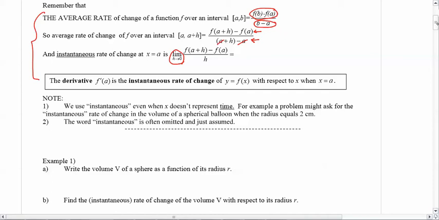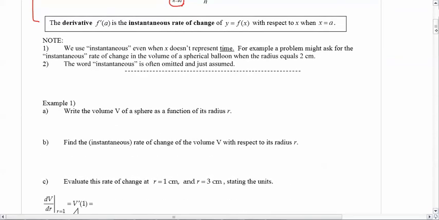For example, a problem might ask for the instantaneous rate of change in the volume of a spherical balloon when the radius equals 2 centimeters. So our working variable there might not be a time variable, but a variable representing radius. And in fact, the word instantaneous is usually omitted and just assumed. So let's do a couple of quick problems.